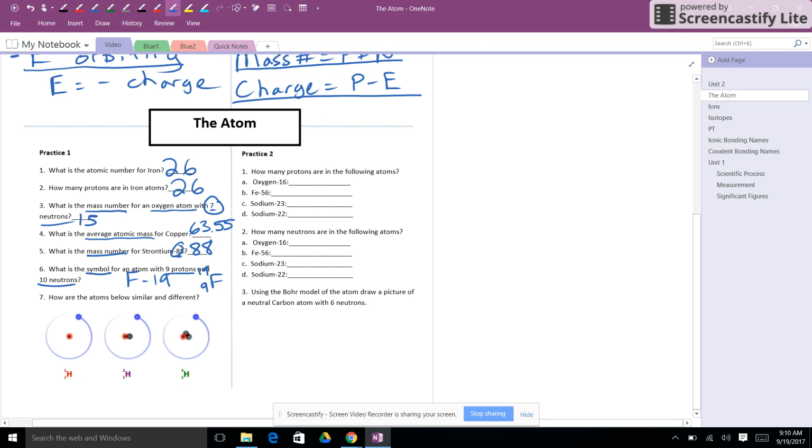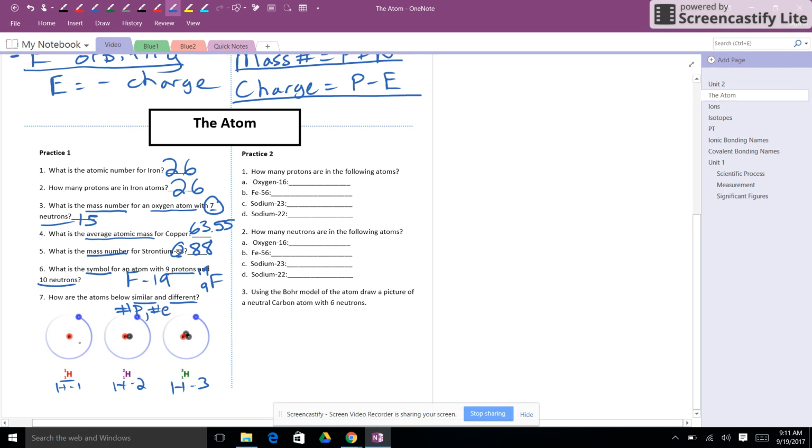Okay, let's look down below now. How are the isotopes similar and different? So we have hydrogen 1, we have hydrogen 2, and we have hydrogen 3. I would say the thing that's the same is that they all have the same number of protons, and they actually all have the same number of electrons.